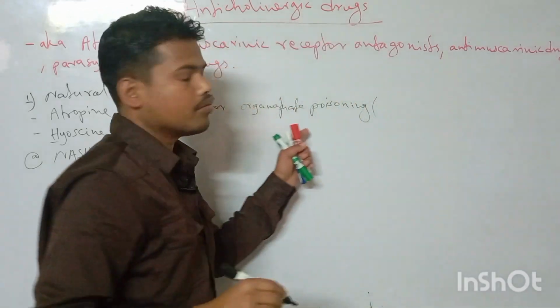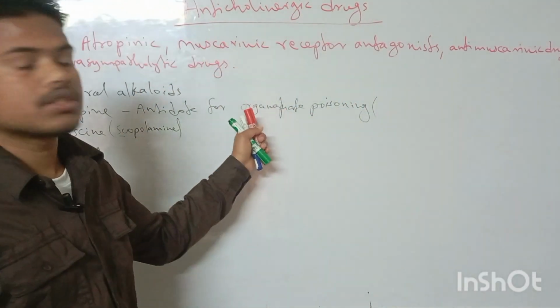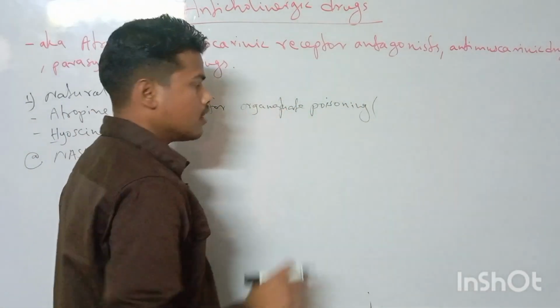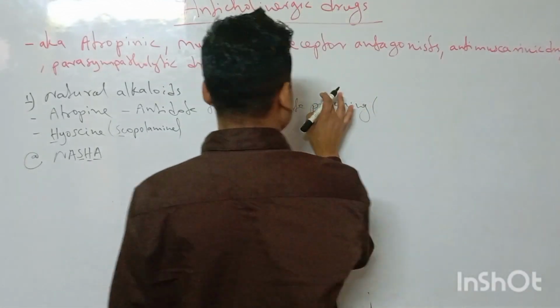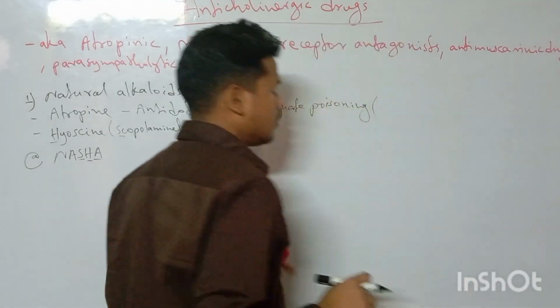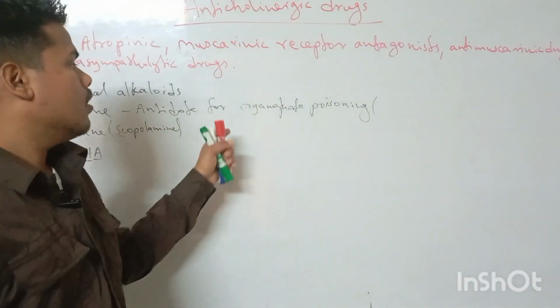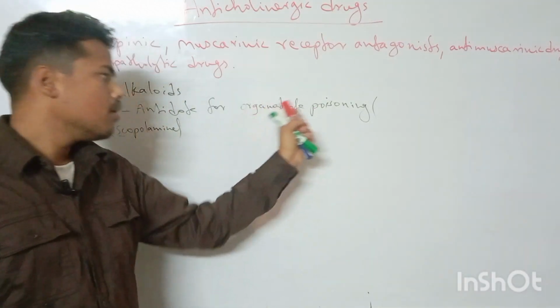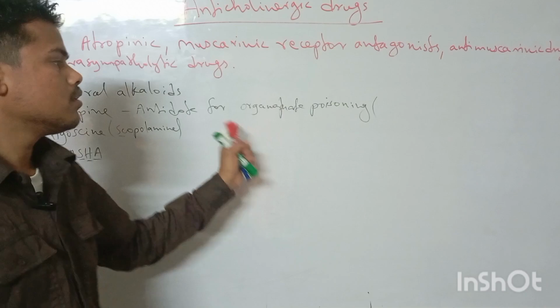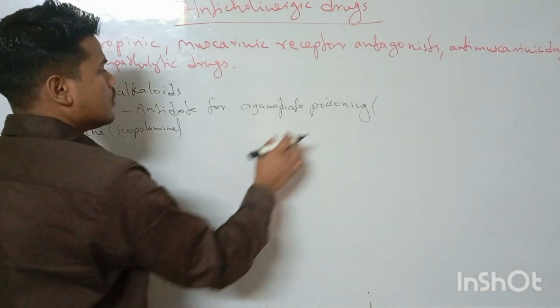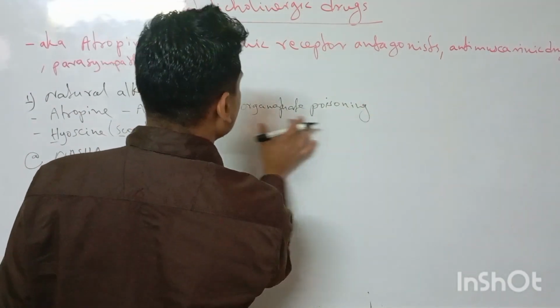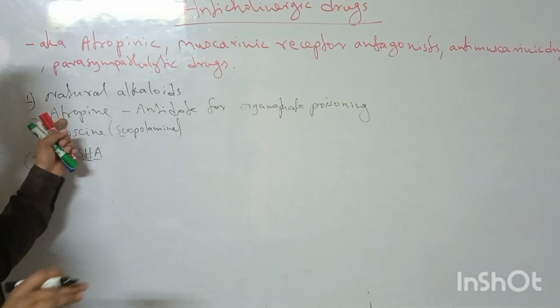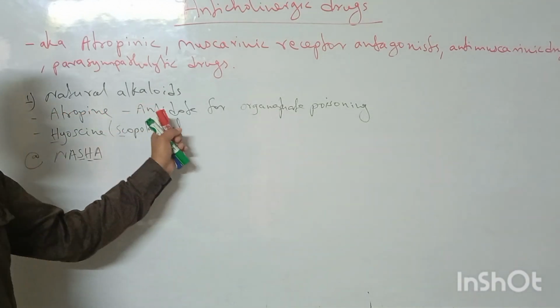These organophosphates are cholinergic drugs; I have talked about them in detail in the cholinergic drugs classification. For example, diazinon, malathion, parathion, diflos, and there are many other examples also. In OP poisoning, atropine is the antidote.